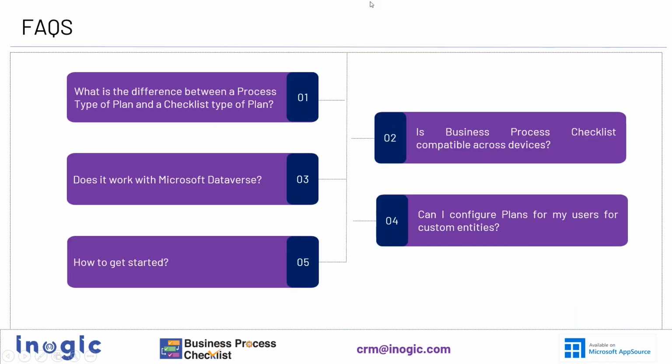So what is the difference between process type of a plan and a checklist type of a plan? Fundamentally, when it comes to process type, the steps are interdependent. So you can't go to the second step before the team member completes step one, or the action one out of it. With checklist, there is no such interdependency.